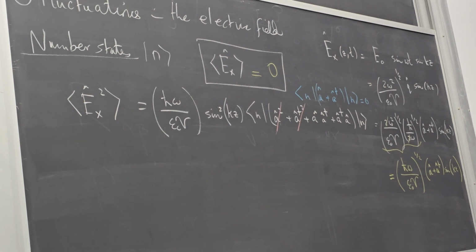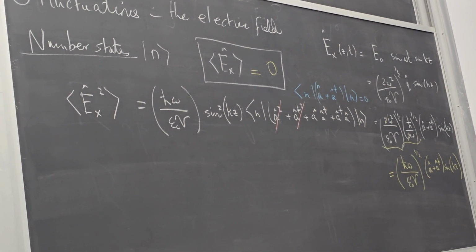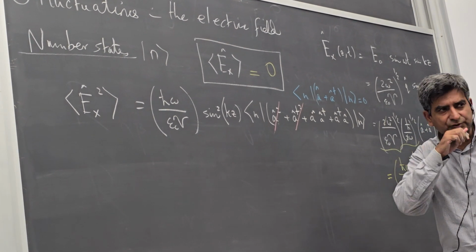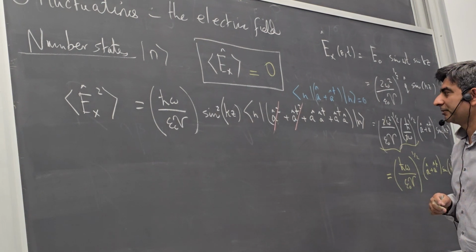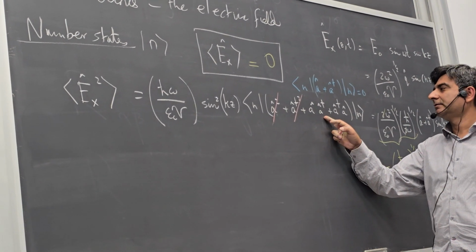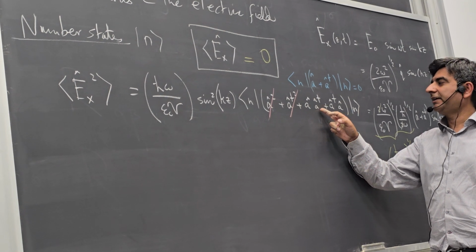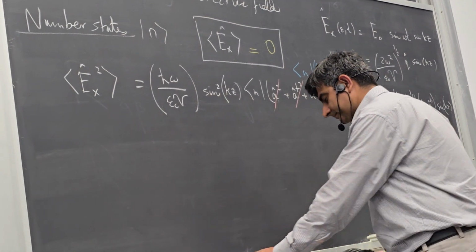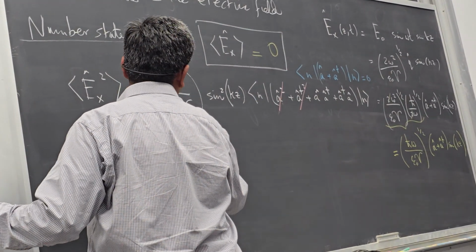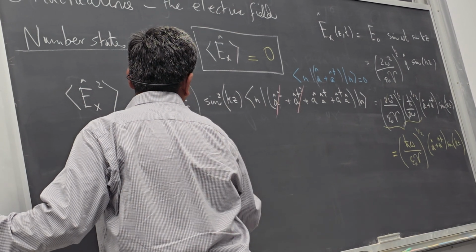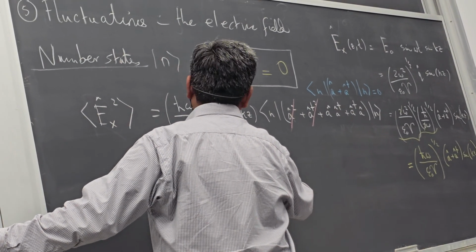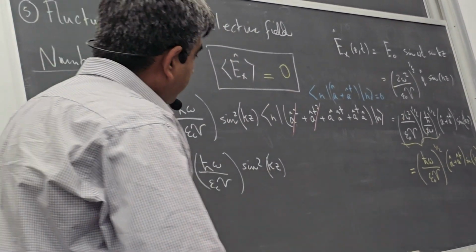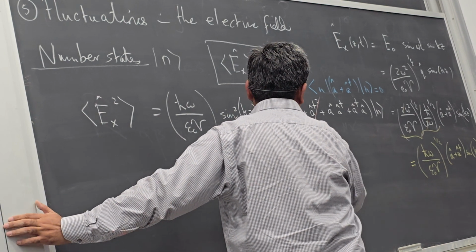That is one term. Then from a a dagger, we get 1 plus n, of course. So a a dagger is 1 plus a dagger a. So 1 plus 2n will come. So I will get h bar omega over epsilon naught V, sine squared kz, times 1 plus 2n.